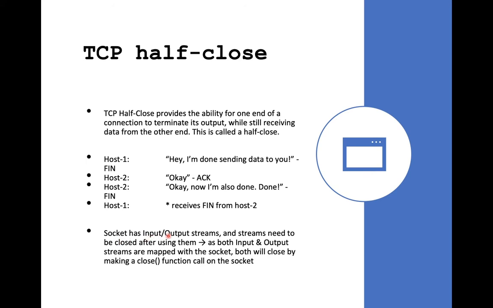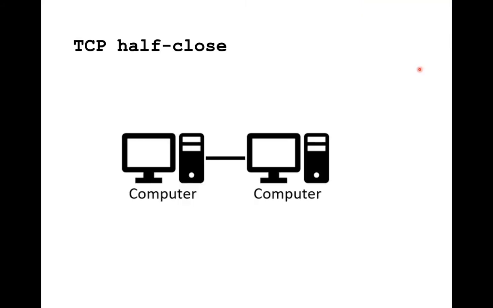A socket has an input and output stream, as I told you earlier: a socket can have an input and also an output. The socket informs the other side that it is not going to send output, but it can still receive input. In this figure, this is host A and this is host B. Host A says, "I'm not sending my output to you, but I can still receive input from you."